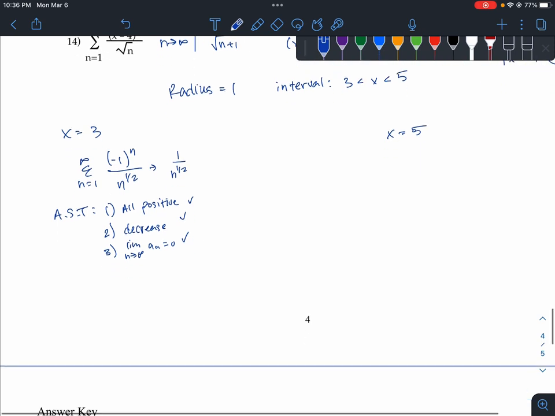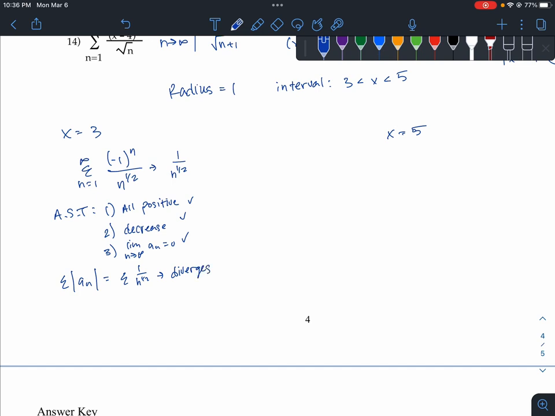However, the absolute value of this series, we'll say of a sub n, is equal to the series of 1 over n to the 1/2. Now the series itself is a p-series, and this diverges.